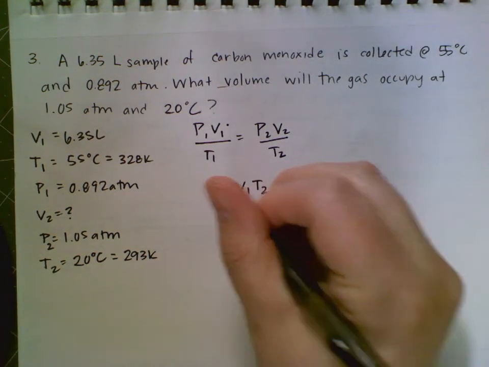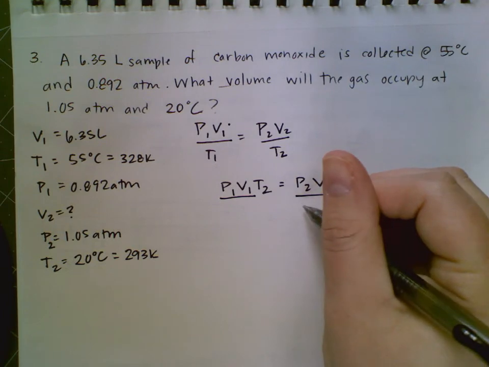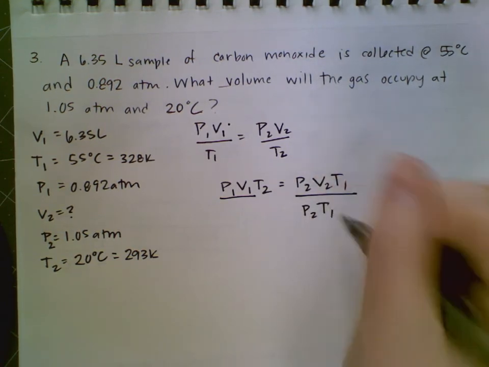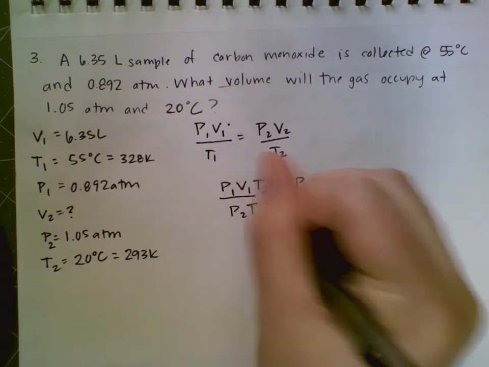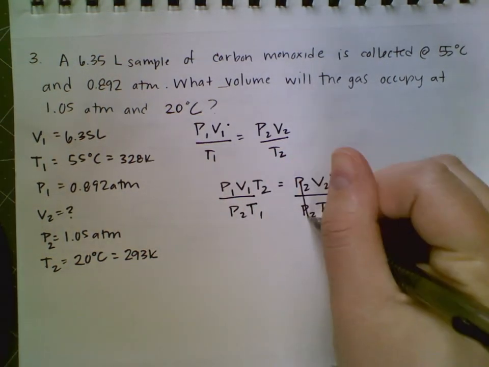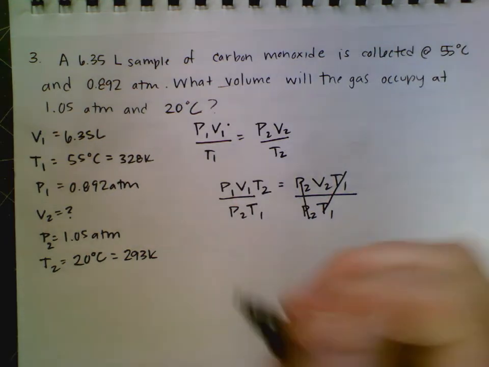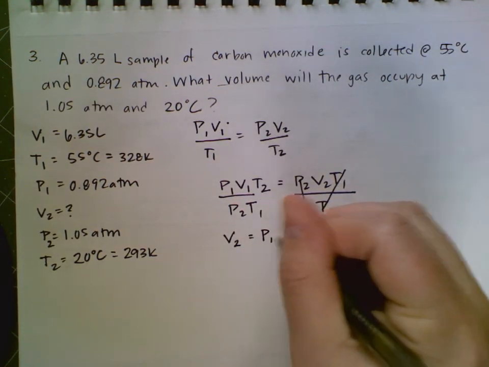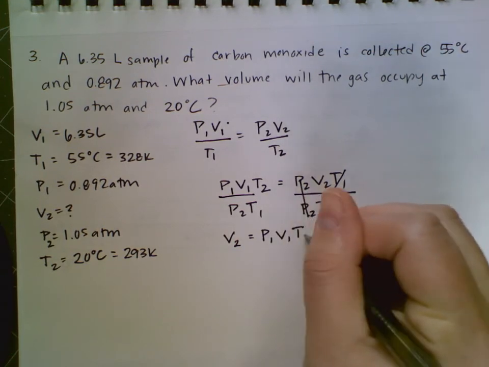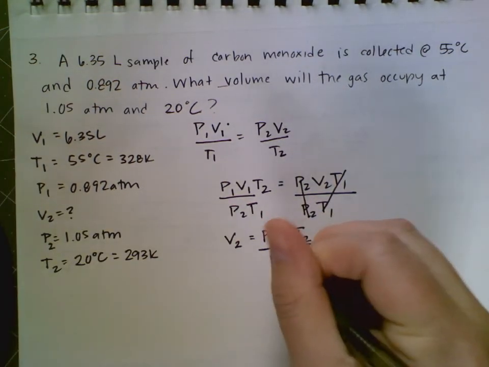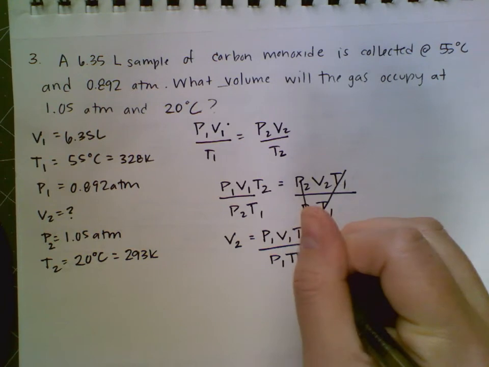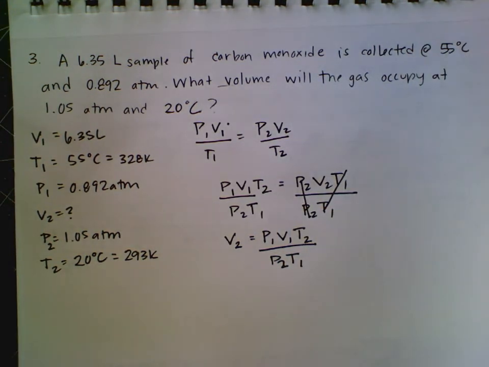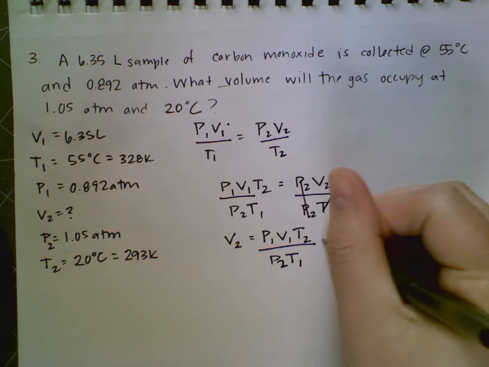I'm solving for V2, so I'm going to divide both sides by P2 T1. So you can see this has the potential to get kind of nasty if you aren't paying attention. At the end here, V2 is going to be equal to P1 V1 T2 divided by P2 T1. See, I can't even write it right. Putting stuff into your calculator is going to be super important to do correctly here.